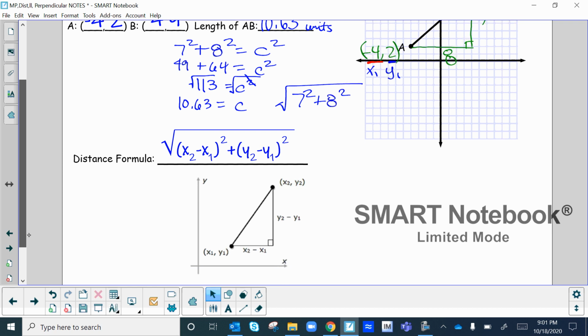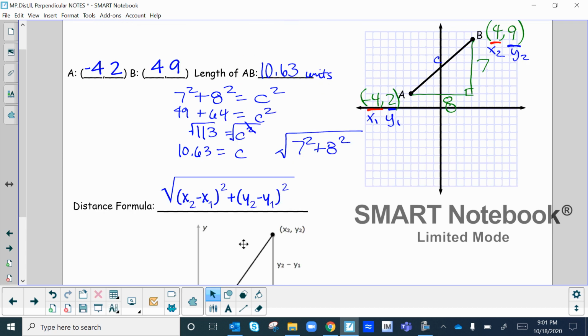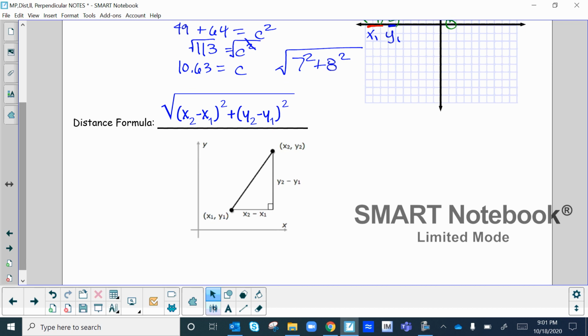Here's a picture right here at the bottom that kind of covers it a little bit better. So this horizontal length right here that I'm going to highlight in red is represented by x2 minus x1. And then this vertical length is represented by y2 minus y1, okay? And so you just plug that into that formula.